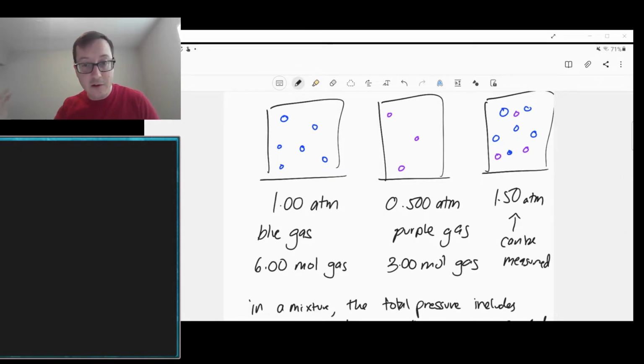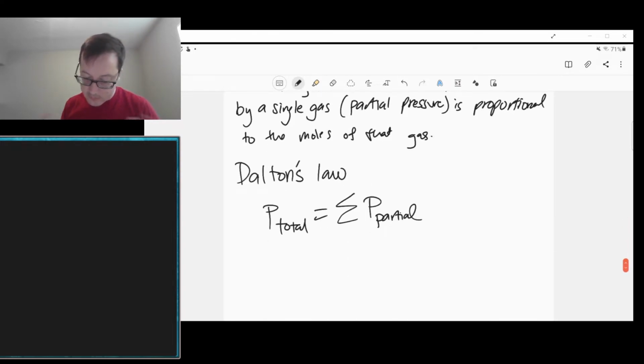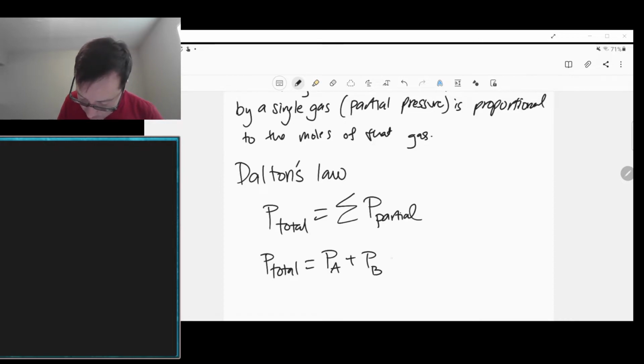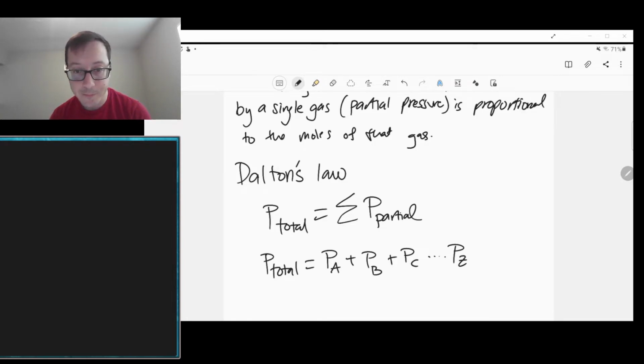Add them together, poof, we have 1.5. So the total pressure is equal to the pressure of gas A plus the pressure of gas B plus the pressure of gas C, all the way, however many gases you have. They each exert their own pressure.